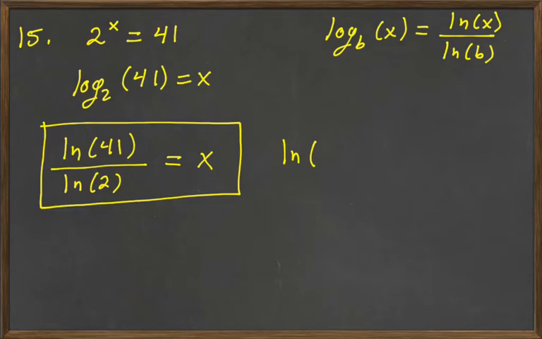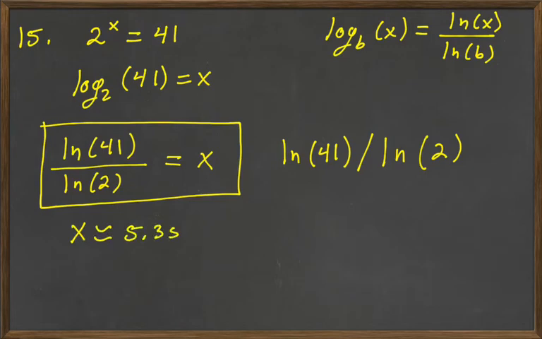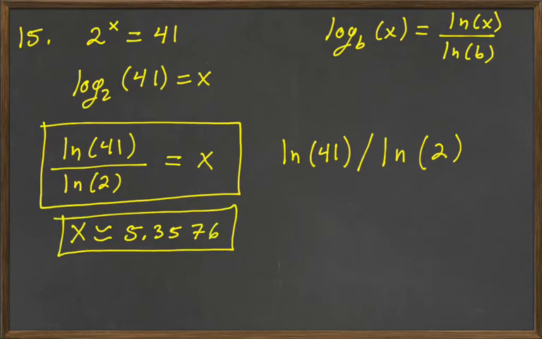That's 2 buttons down from the second function on the left side of your TI-30 X2S. It's going to give you an ln with an open parenthesis. We'll put the 41 in there, close parenthesis for the natural log, and then division, and then the natural log button again, 2, and then close the parenthesis. And so we get approximately 5.357, rounded to 4 decimal places.